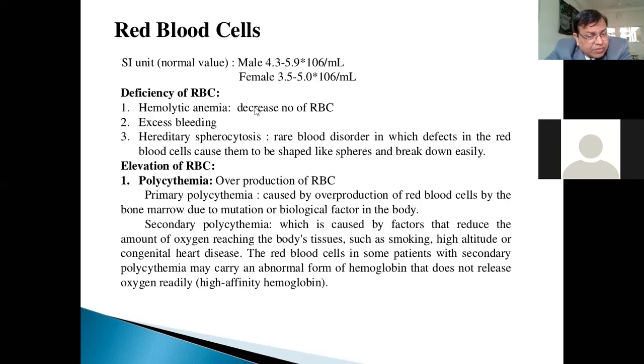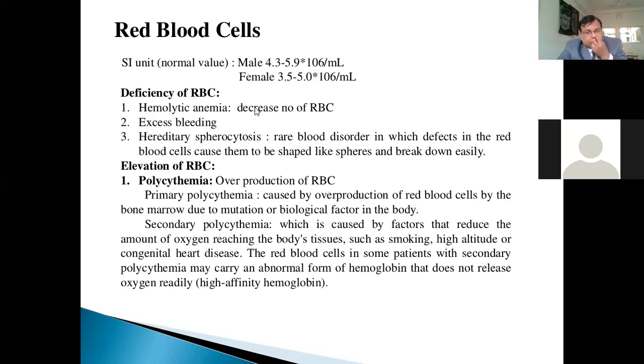Secondary polycythemia, in which RBC also increases, is caused by factors that reduce the amount of oxygen reaching the body tissue, such as smoking. In my previous class, I told you smoking is a main cause to increase the hemoglobin level or RBC count in the body.